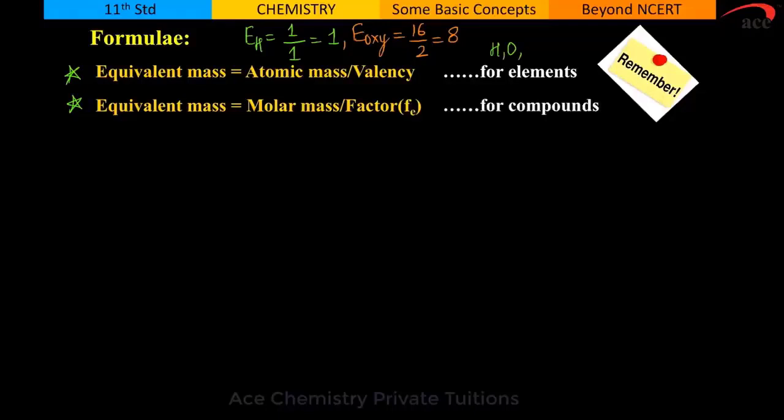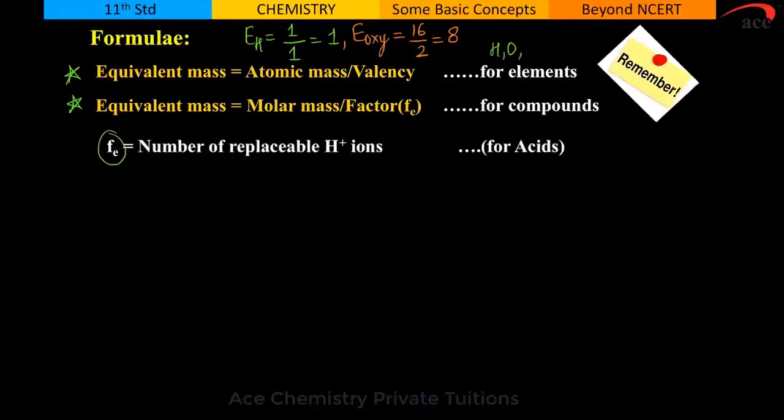Then, for molecules or a compound, it is molar mass by factor. Now, this factor is a special term which has been developed to understand the equivalent mass concept clearly. For acids, the factor is the number of replaceable H plus ions.